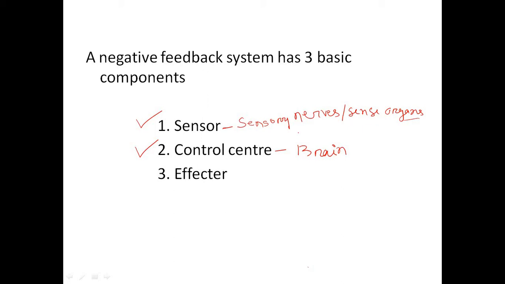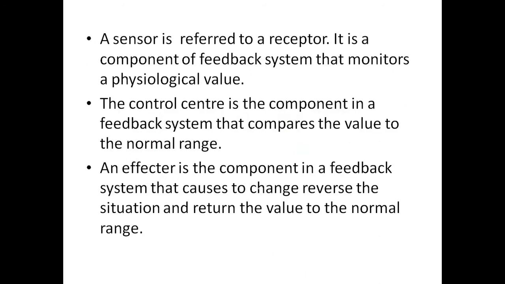Then they send a message to the control center, or brain. After that, the effector gets the order on how to reset the set point. The receptor is also a type of nerve, but the effector is not a sensory one. Okay, so let's move to here.